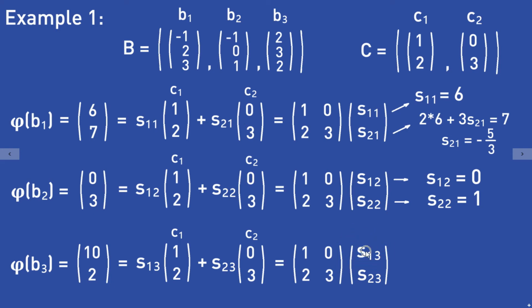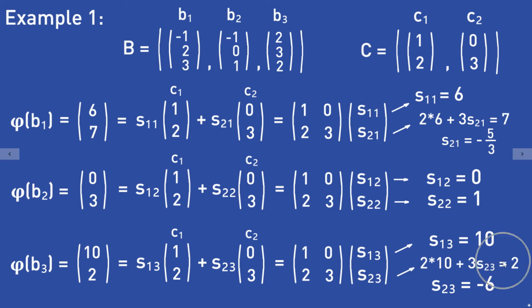From the first line, we get that S13 has to be equal to 10. When inserting this in the second line, we get the following. So this here. From that we can find S23. So when solving this here, we get that S23 is equal to minus 6. So now we have found these two coefficients here.